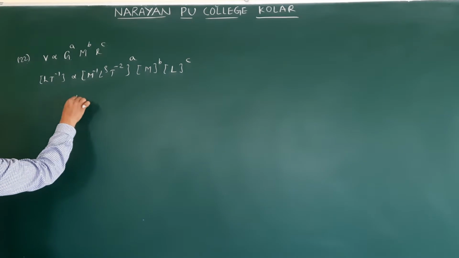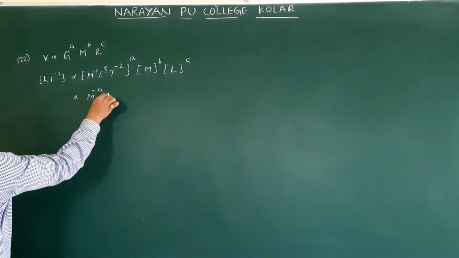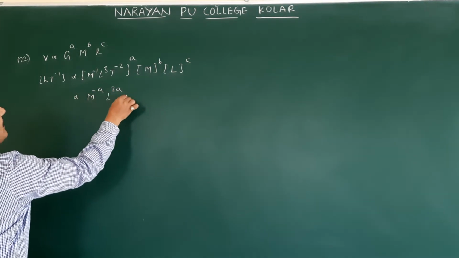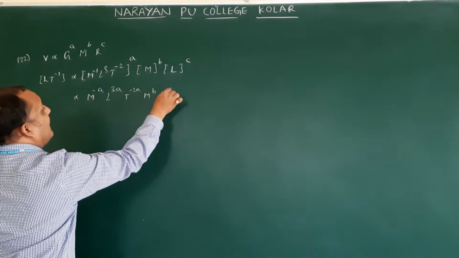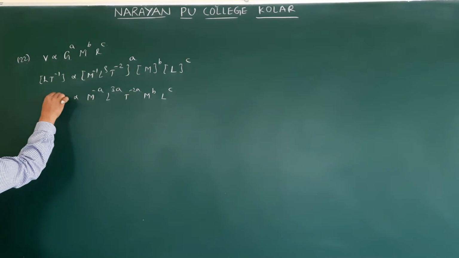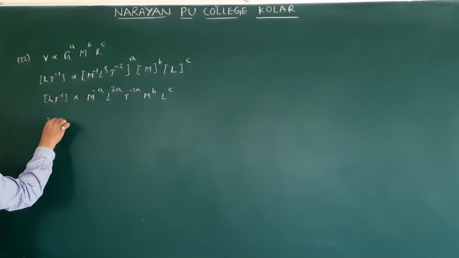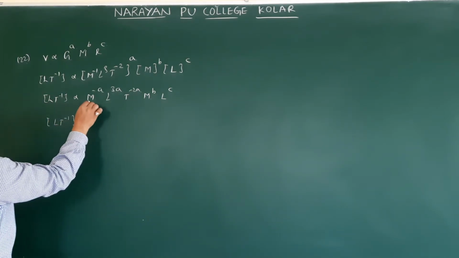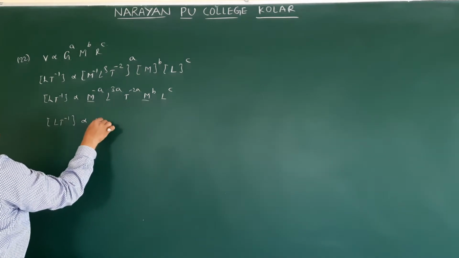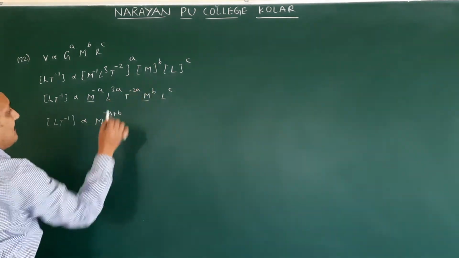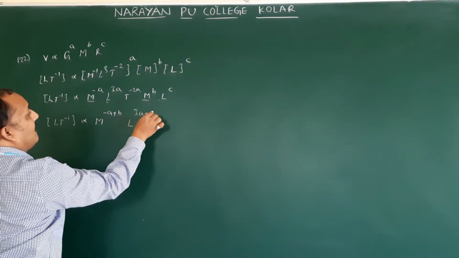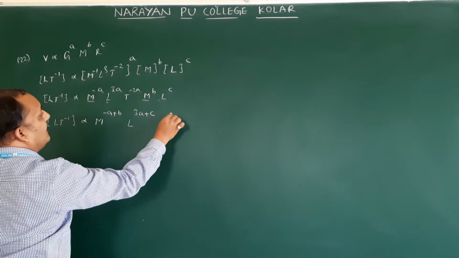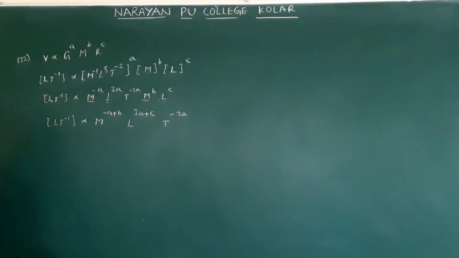Expanding: M power minus a, L power 3a, t power minus 2a, M power b, L power c. LHS is L t power minus 1. Taking all the M terms, M power minus a plus b. Taking L powers, L power 3a plus c, t power minus 2a.